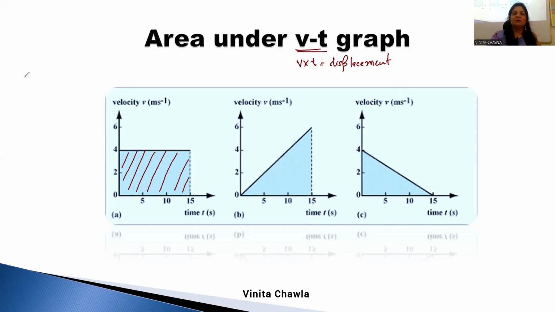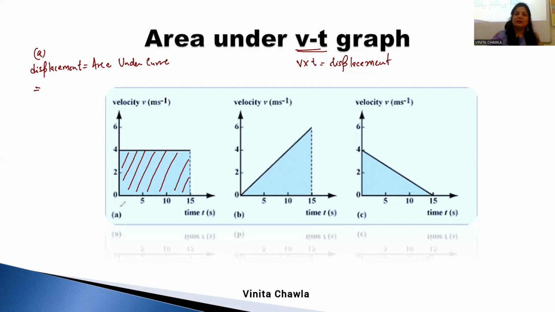How will you find displacement in the first case, case A? Just write displacement is equal to area under the curve. What does this shaded region look like? It looks like a rectangle. So we can simply write length into breadth.